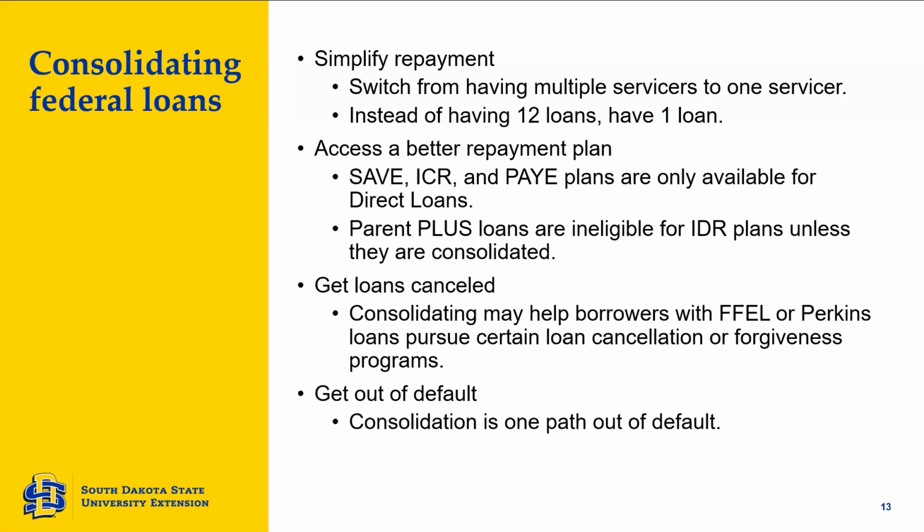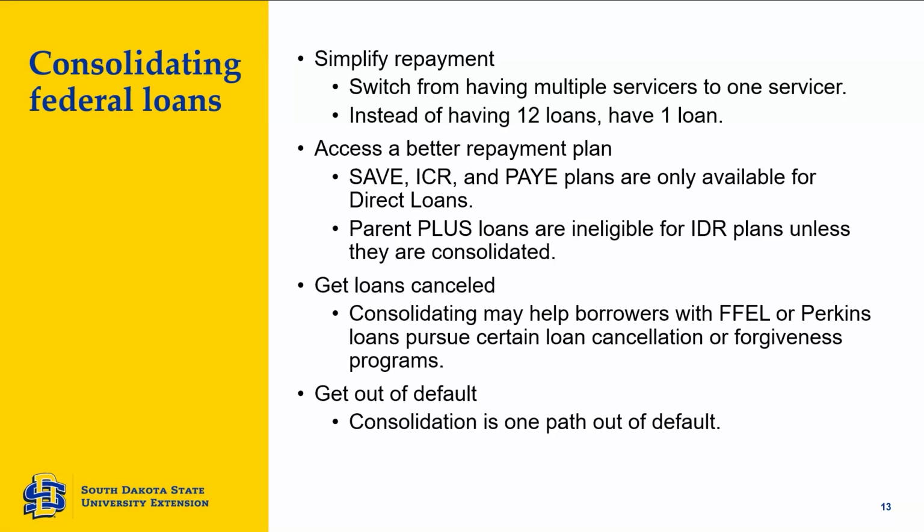Consolidating may help a borrower if they have an FFEL loan or a Perkins loan and you're pursuing some different kind of cancellation or forgiveness programs. It also can help if you need to get out of default.